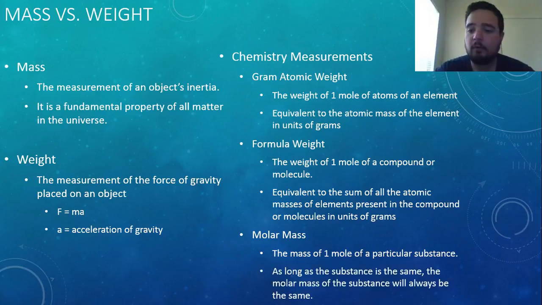As long as the substance is the same, the molar mass will always be the same. If you have pure oxygen, the molar mass is always going to be the same. If you have pure carbon dioxide, the molar mass is always the same. But as soon as you change it, if you turn carbon dioxide into carbon monoxide, then the molar mass changes as well.